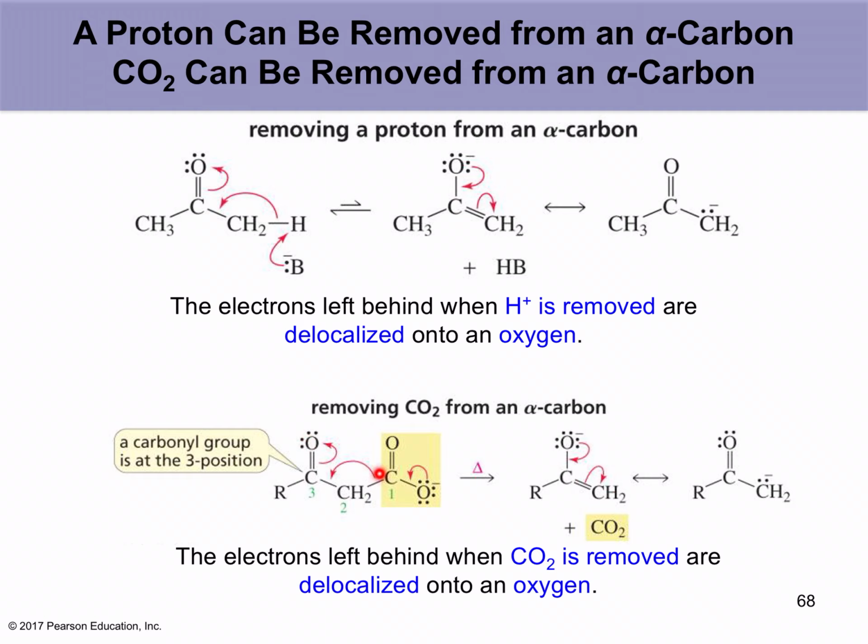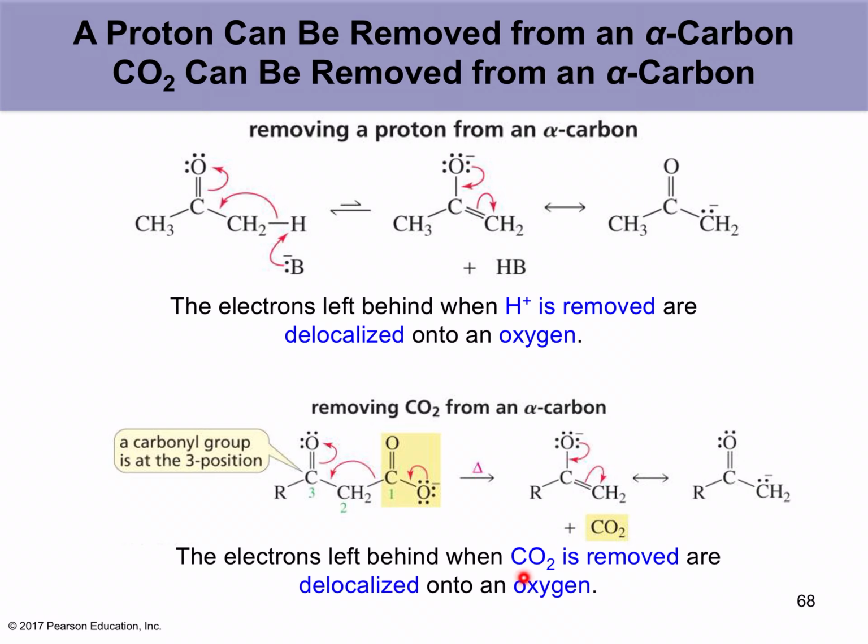So we can easily remove a carbon dioxide if there is a carbonyl group in the third position to the carbon dioxide carbon atom. So this is where the carbon dioxide is going to be lost. If you number this as 1, 2, 3, and there is a carbonyl group in the third position, it means the negative charge is going to be delocalized throughout the carbonyl group. So then we can lose a carbon dioxide molecule.